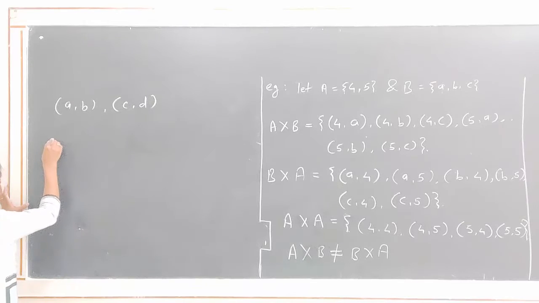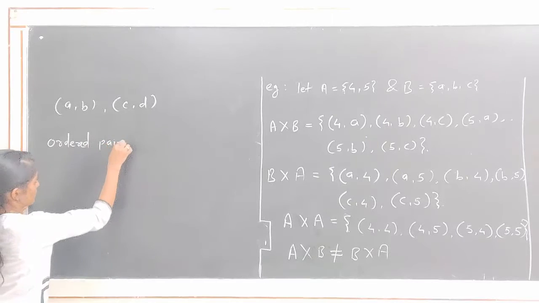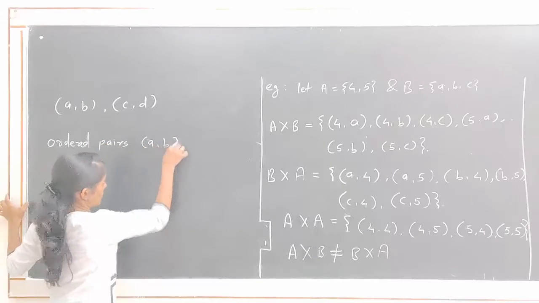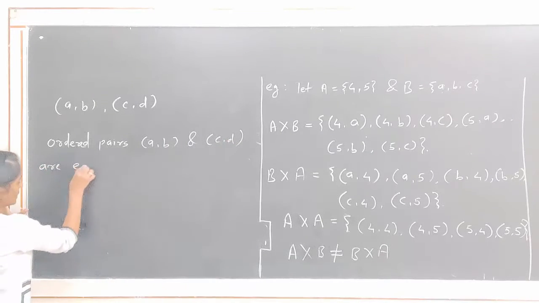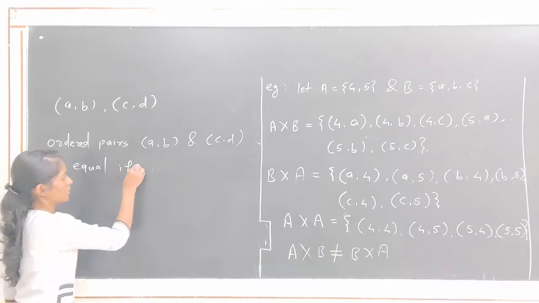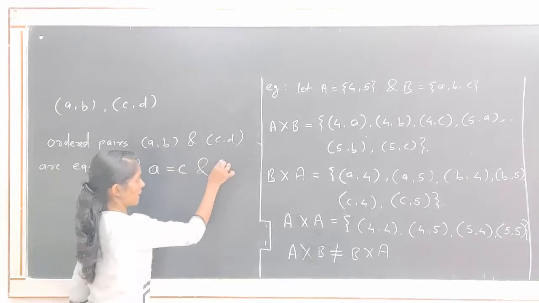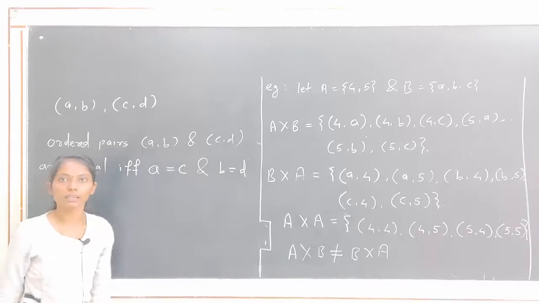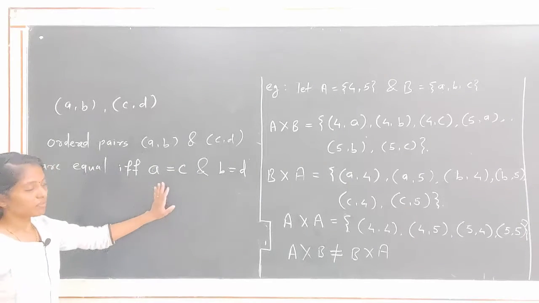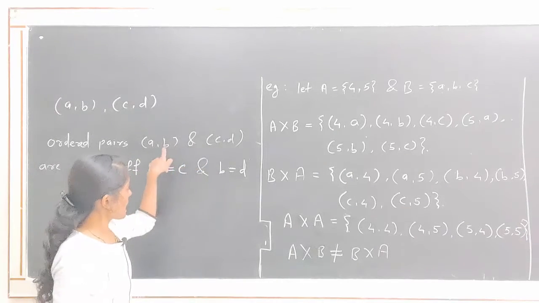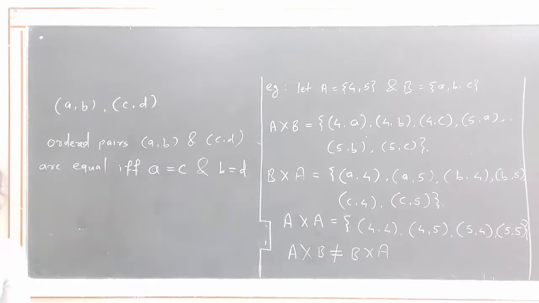So ordered pairs (a, b) and (c, d) are said to be equal if and only if a equals c and b equals d. Right? Now write down remark.